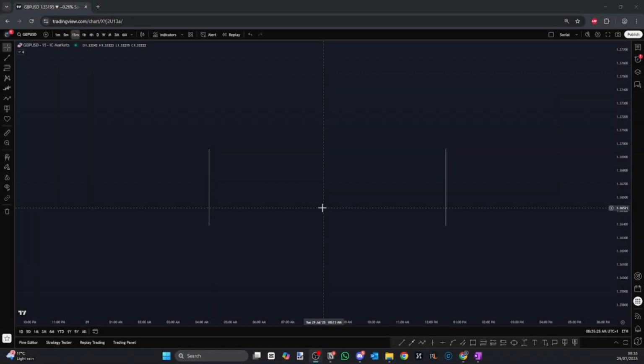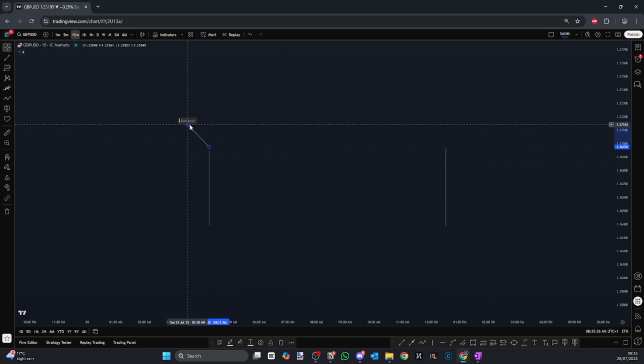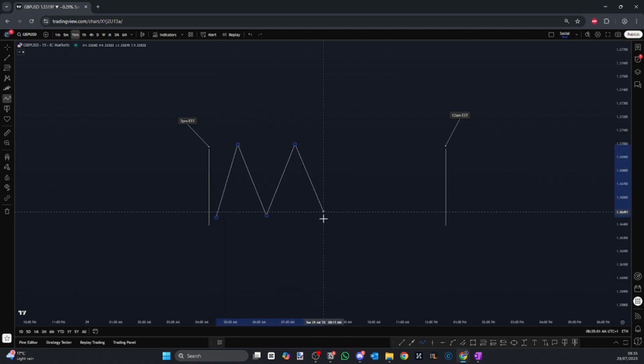Here's a quick illustrative example of how we can use the Asian session to pick out trades during the London trading session. So let's assume this is the start of our Asian session, being 7 p.m. Eastern Time, and this is our end, being midnight, 12 a.m. Eastern Time. And our Asian trading range is a tight consolidation price action phase.